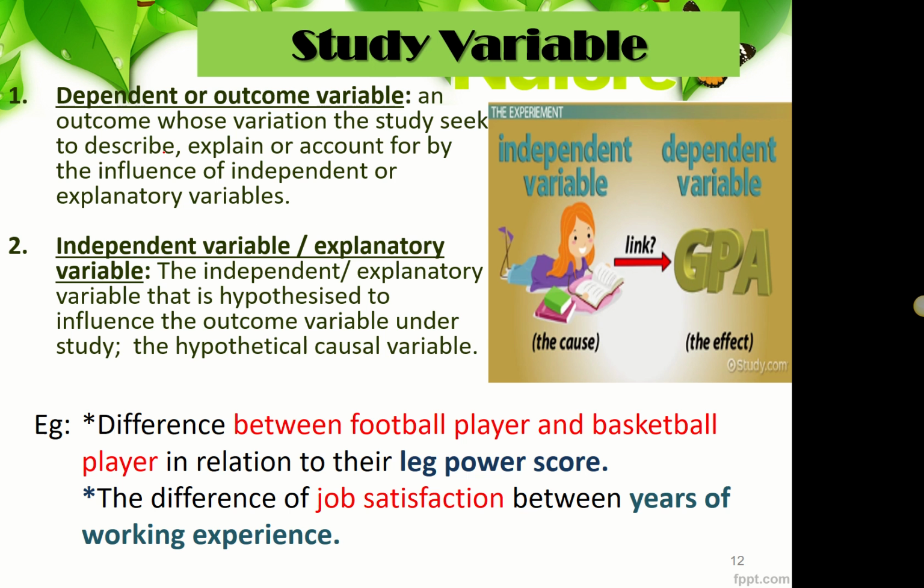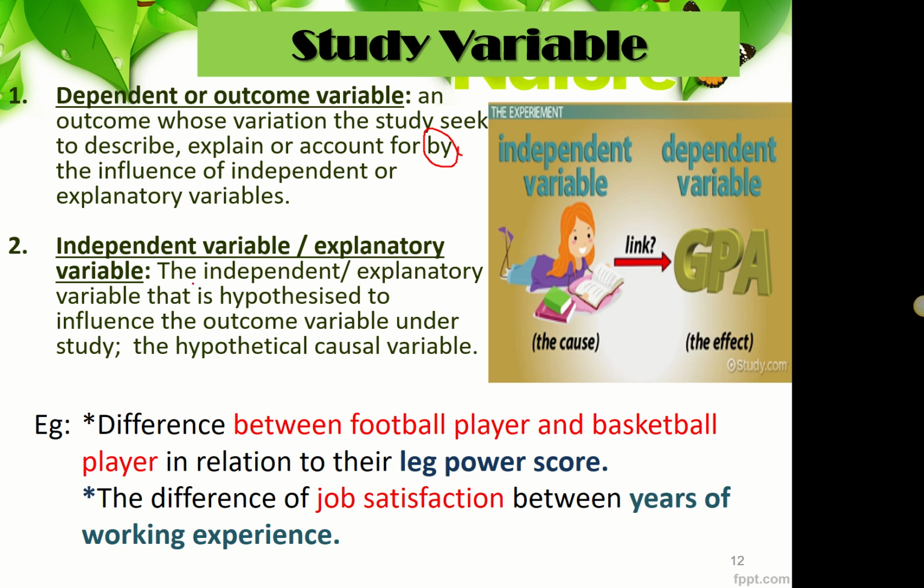Alright, so what is a dependent variable? When we talk about dependent variable, depend means that the variable depends on others. So that's why a dependent variable is influenced by others.